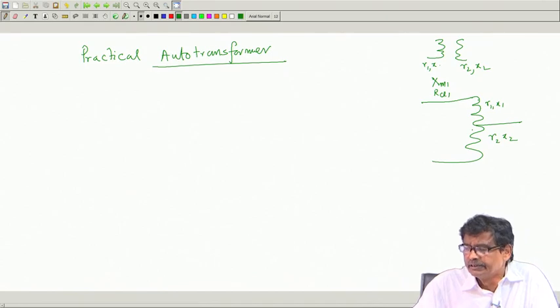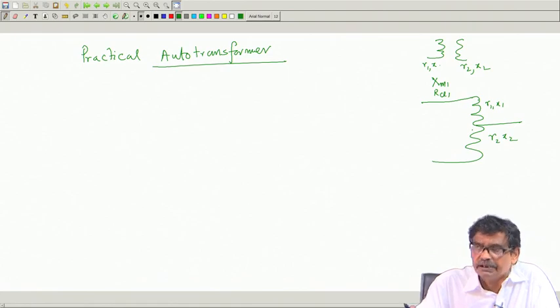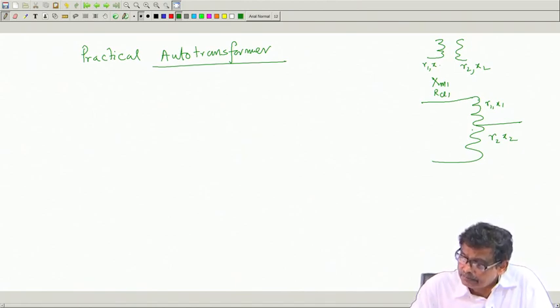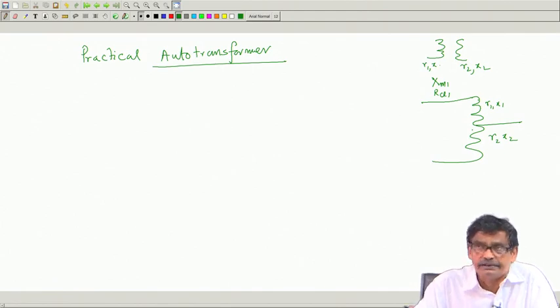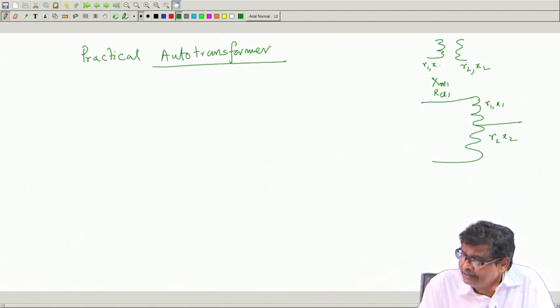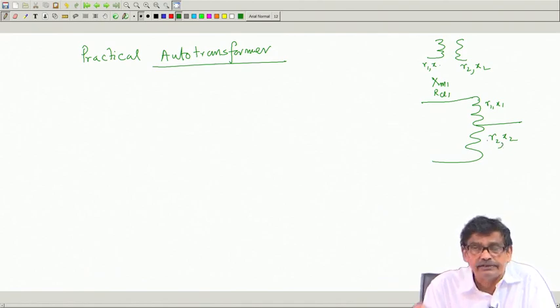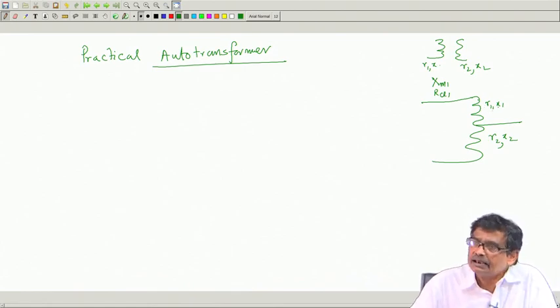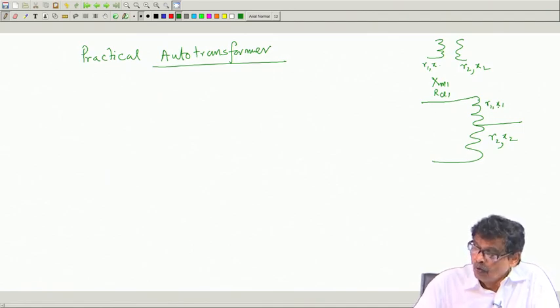First, what we will do is this, I will assume that the windings will have some resistance and leakage reactance, because leakage flux will be there, and this portion and this portion of the windings have their own electrical identity, not mixed up between them. So, I will say the resistance of this portion of the winding is R 2 and leakage reactance is X 2 and this portion of the winding is R 1 and X 1. I can very well define that. Okay.